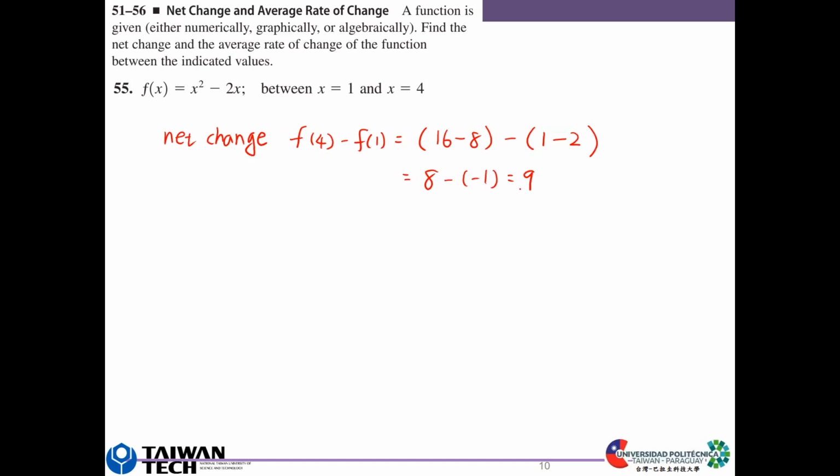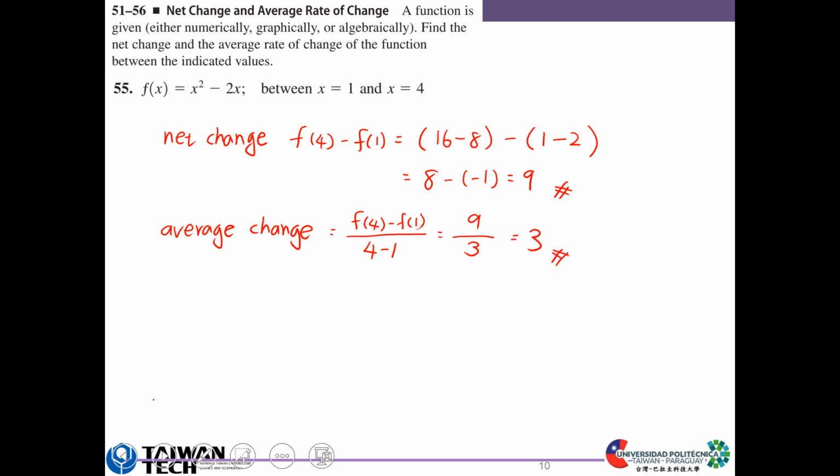This is the net change. For average change, it is f of 4 minus f of 1 over 4 minus 1, which is 9 over 3. This is 3. So the concepts are similar, net change and the average rate of change, which is simple here.